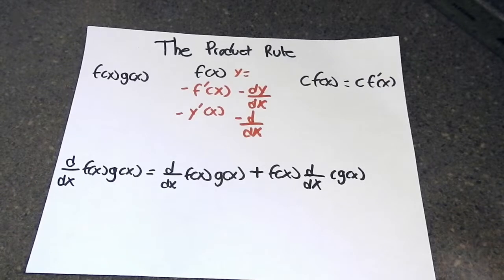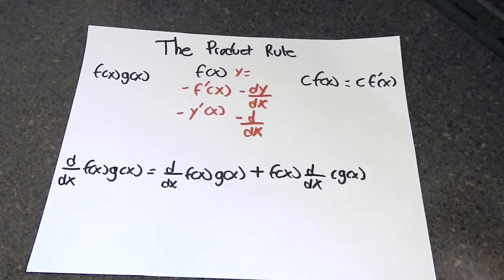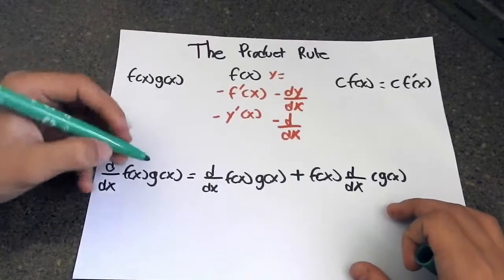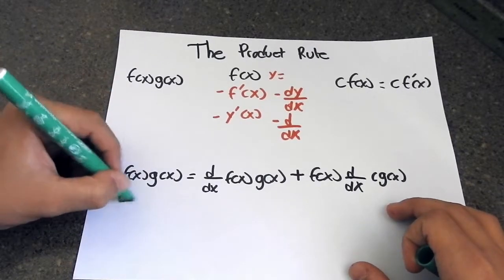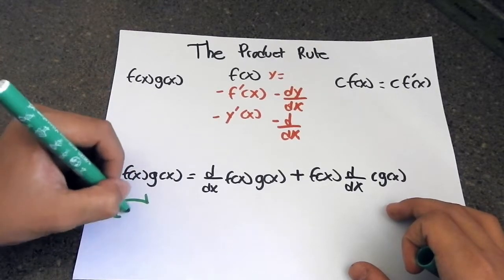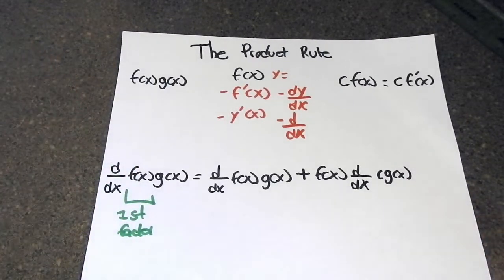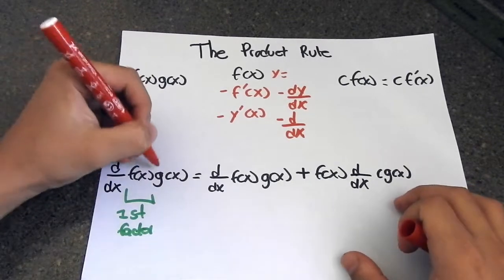So now I'm going to use some color to illustrate this clearly. We have two factors, right? Our first factor is going to be f of x. Our second factor is going to be g of x.